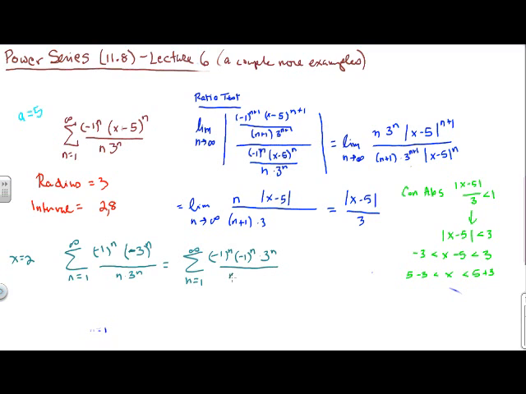And that's over n times 3^n. And (-1)^n times (-1)^n is what? That's just 1, right? Either they're both negative or both positive. Either way, it's just 1.